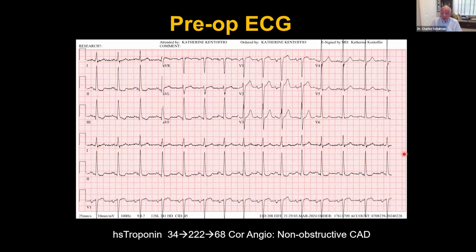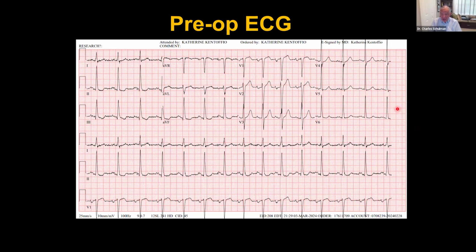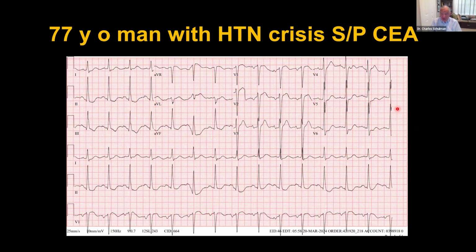So this would be an NSTEMI. You see, incidentally, he's got ST depressions in 2, 3, and AVF related to his hypertension, so his very tall R-wave voltage. He's got left ventricular hypertrophy on his tracing. But this is different. You notice that it changed when he had chest pain.